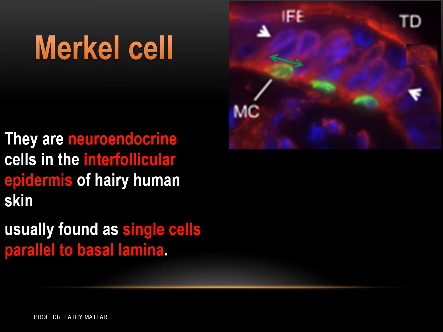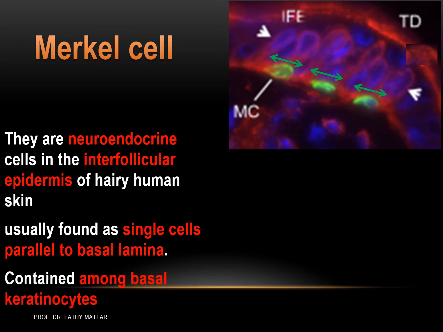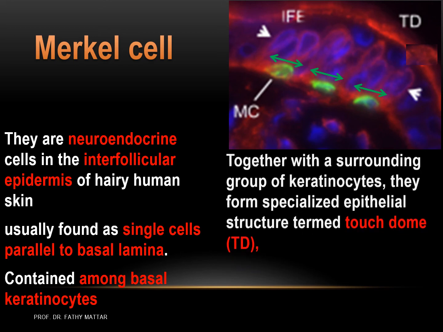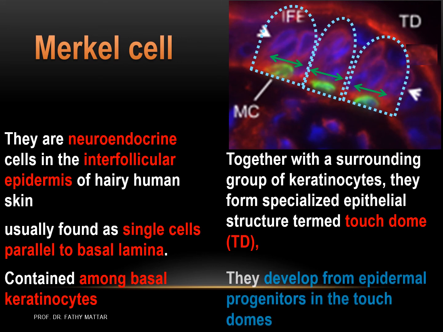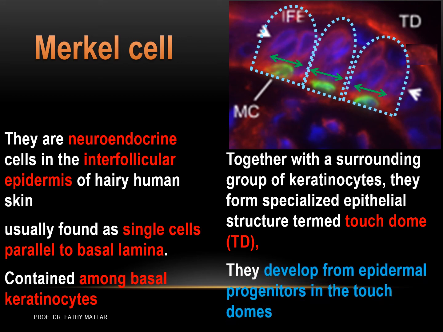Usually it's found as single cells parallel to the basal lamina contained among basal keratinocytes. Together with a surrounding group of keratinocytes, they form specialized epithelial structures termed touch dome. They develop from epidermal progenitors in the touch dome.